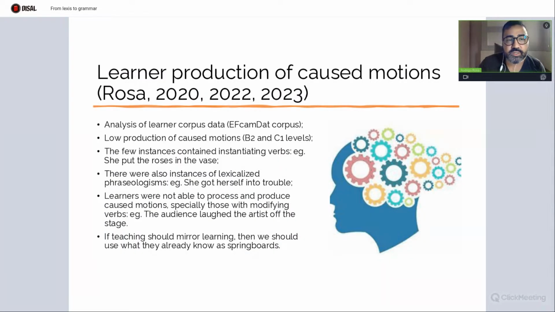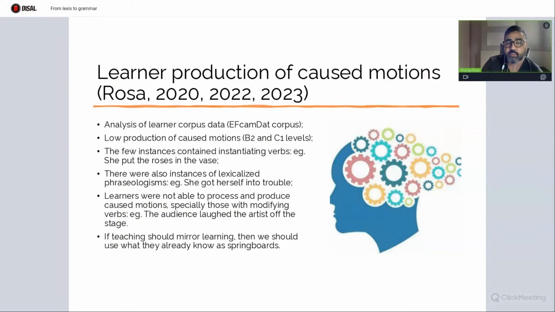This is what I did in 2020. I looked at learner production of those four different types of caused motion constructions, and I was interested in the production of Romance language speakers.